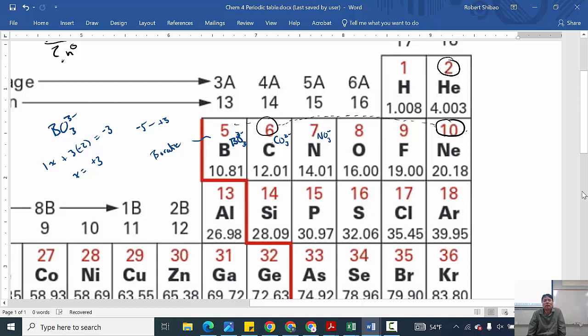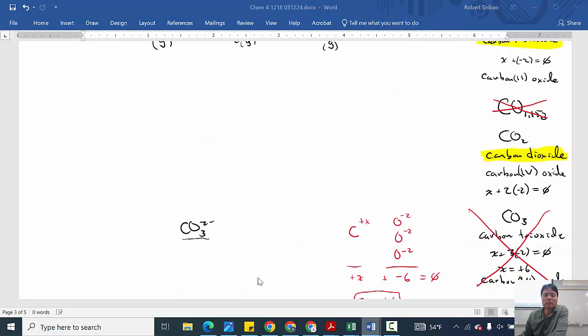That would lessen the memorization load. But these are also maxed out. If I look at carbonate, which I was asking about earlier, we don't expect carbon trioxide, but we do expect carbonate. Why? Well, what is the charge on carbon?